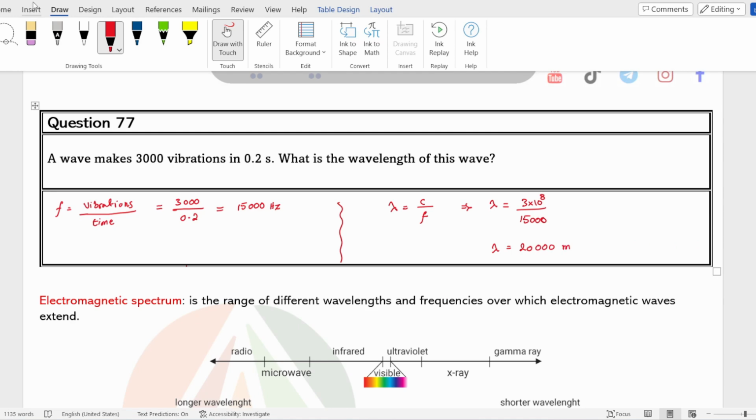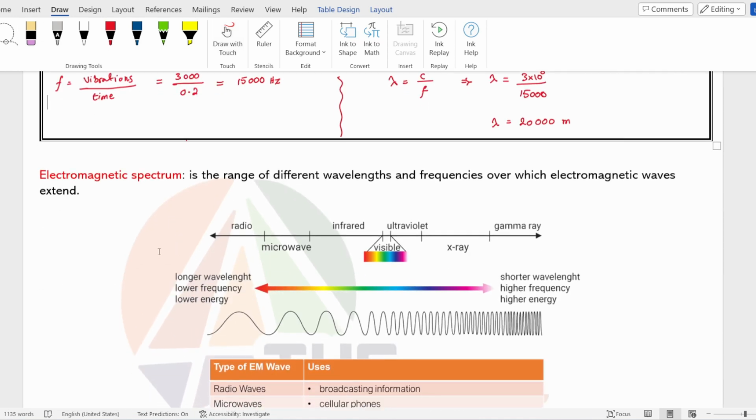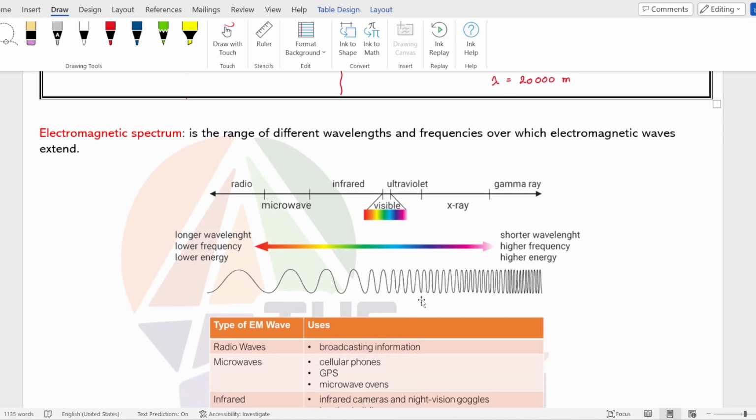طيب ننتقل الآن إلى الجزئية اللي بعدها اللي هو موضوع electromagnetic spectrum، نتكلم عنها شوي قبل ما ننتقل للسؤال العاشر. Electromagnetic spectrum is basically the range of different wavelengths and frequencies over which electromagnetic waves extend. Now this has to be memorized.